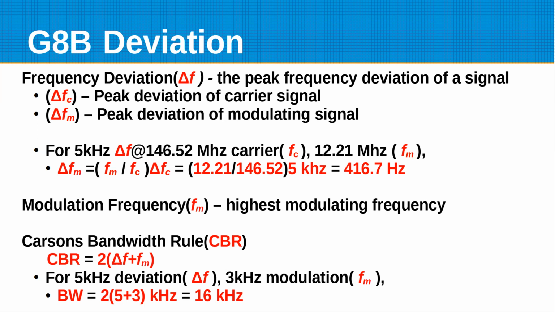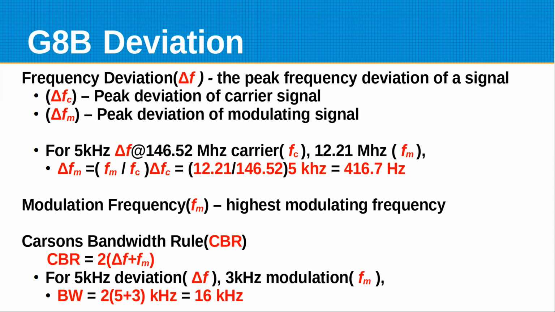We add that to the peak modulation frequency, which in this case we're going to say is 3 kilohertz, because most of the voice information is 3 kilohertz and below. That's why analog telephones cut off everything above 3 kilohertz. We add them together and multiply by 2, and that gives us the bandwidth. So for a typical FM signal with 5 kilohertz deviation and 3 kilohertz modulating frequency, the bandwidth is 16 kilohertz.